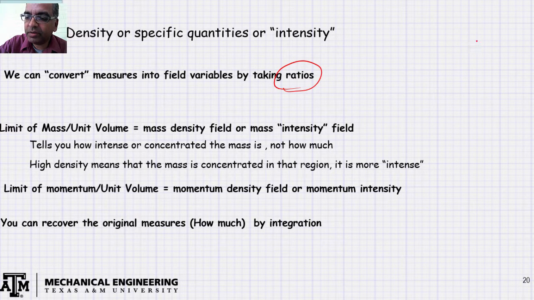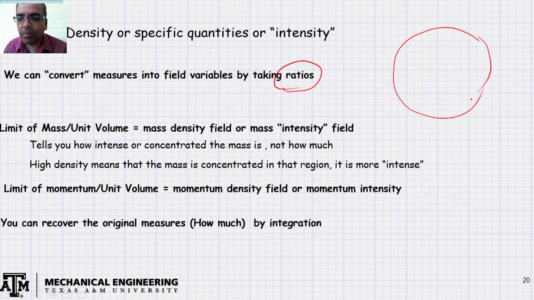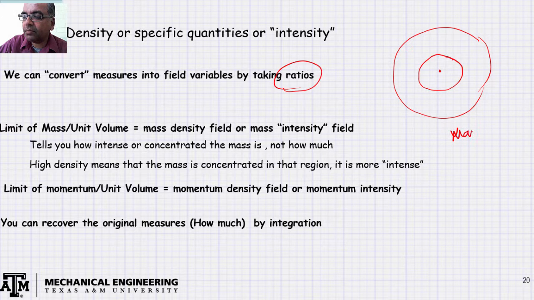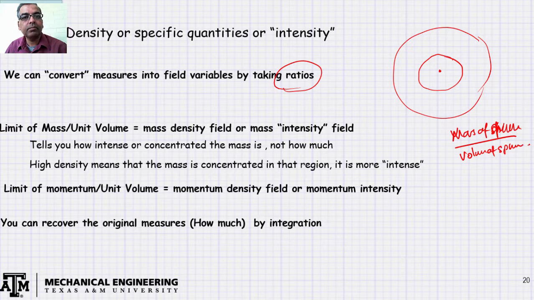So what I will do is, here is my object, that's the body. Here is the point in which I want to define a field variable that corresponds to mass. What I will do is, I'll draw a circle. Okay, so I know volume, so mass of circle divided by volume of sphere. Right?